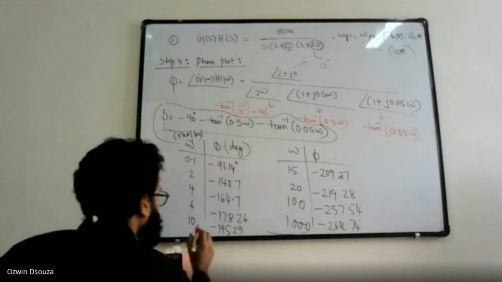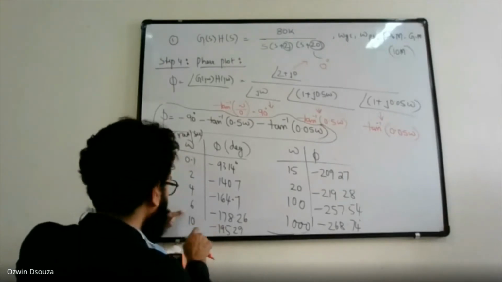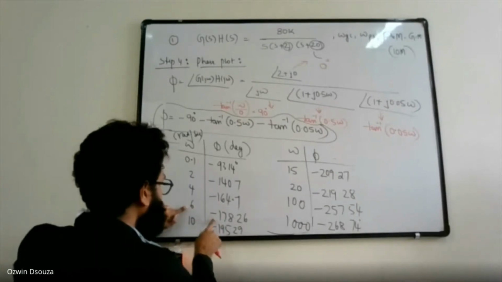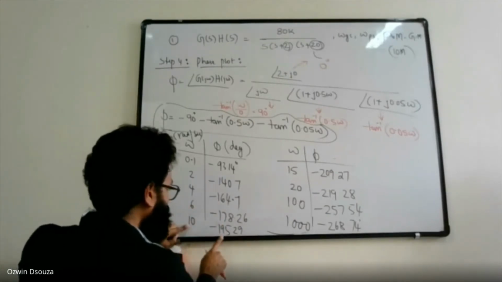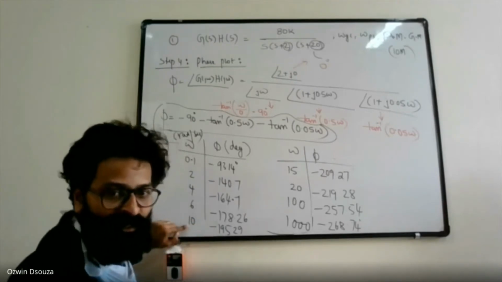See where it is getting crossed: at 4 it is minus 164 degrees, at 6 it is minus 178 degrees, and at 10 it became minus 195. So between 6 and 10 you have your minus 180 degree crossover.